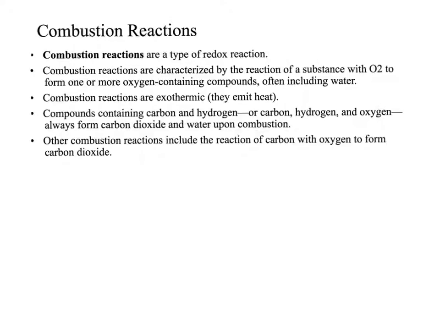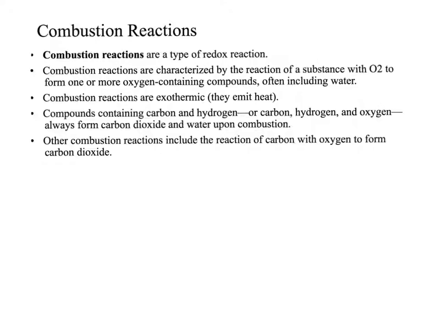They're creating heat. And compounds containing carbon and hydrogen, or carbon, hydrogen, and oxygen, always form carbon dioxide and water upon combustion. So if you have on the reactant side carbon, hydrogen, and oxygen, then on the product side you're going to see carbon dioxide being formed and water being formed.